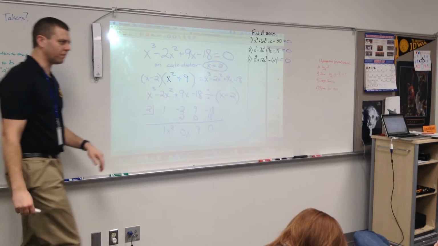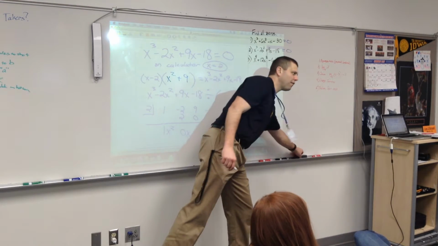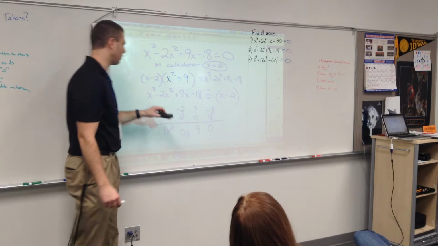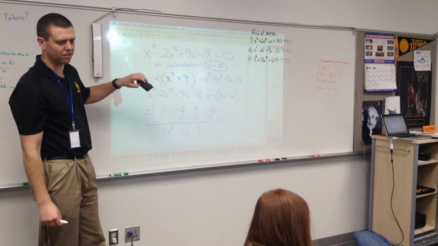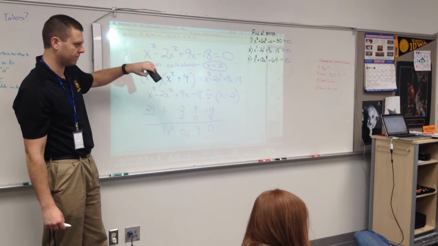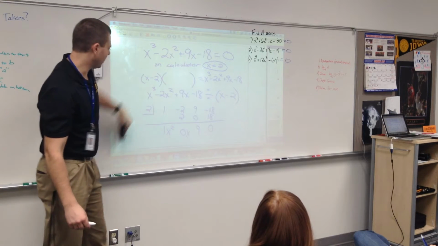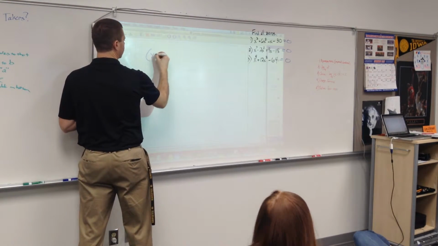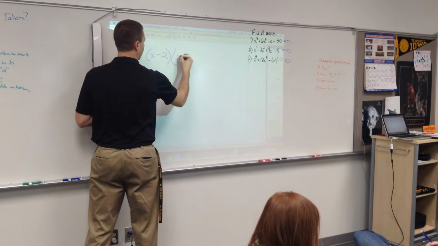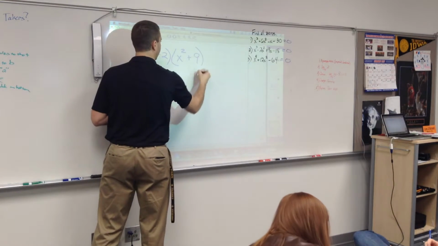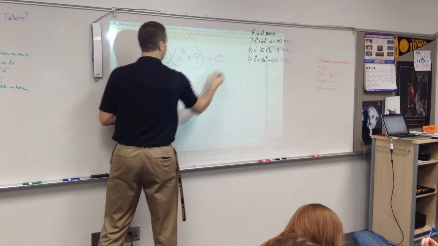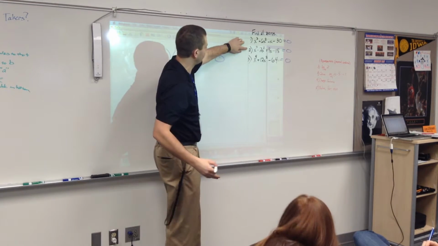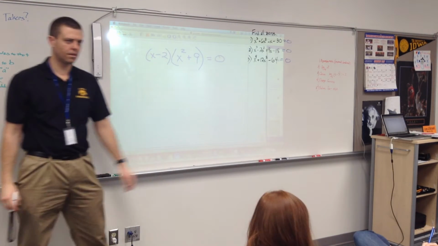But the whole purpose of this is to figure out the factors of the polynomial, because if I know the factors of the polynomial, I can find the zeros of the polynomial really easy. Okay? I'm going to go on my next screen here. So right now I have the factors x minus 2 and x squared plus 9, right? Those are the two factors of this polynomial right here.